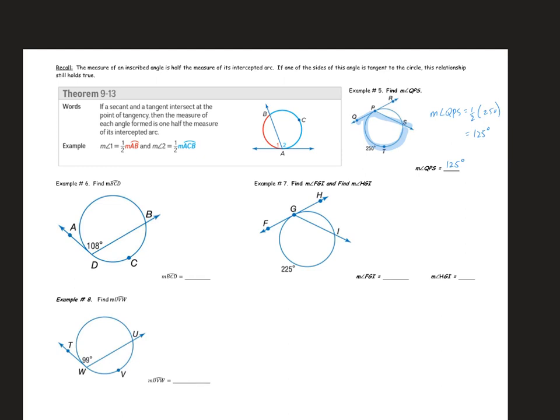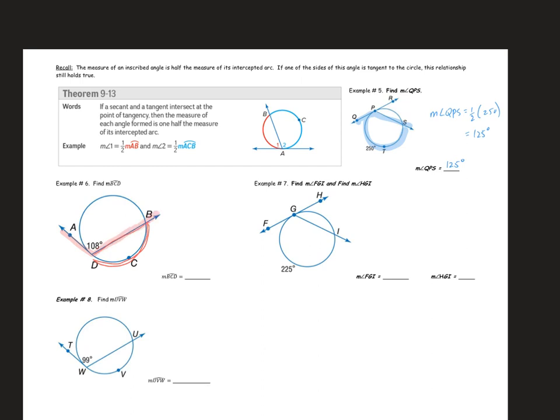Here I need to find the measure of angle B. I need to find the measure of arc BCD. So arc BCD right here. Well, I know that angle ADB, right here, this angle is 108.